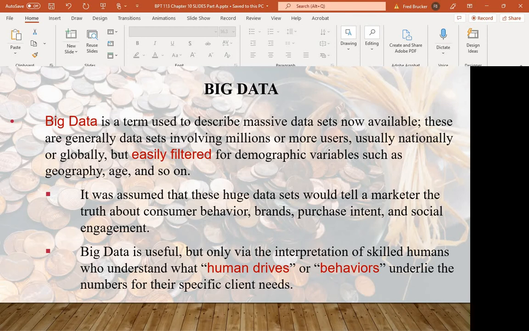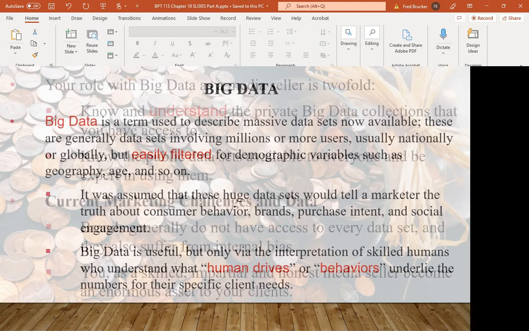So there is a certain amount of usefulness here, but you also have to look at that data in light of what drives human beings, what behaviors they have online, and how they underlie the numbers for their specific client needs. So sometimes the numbers can be telling of us in terms of how we deal with things online, what our true behaviors are compared to what we do in the public sector. Sometimes, though, it's the other way around.